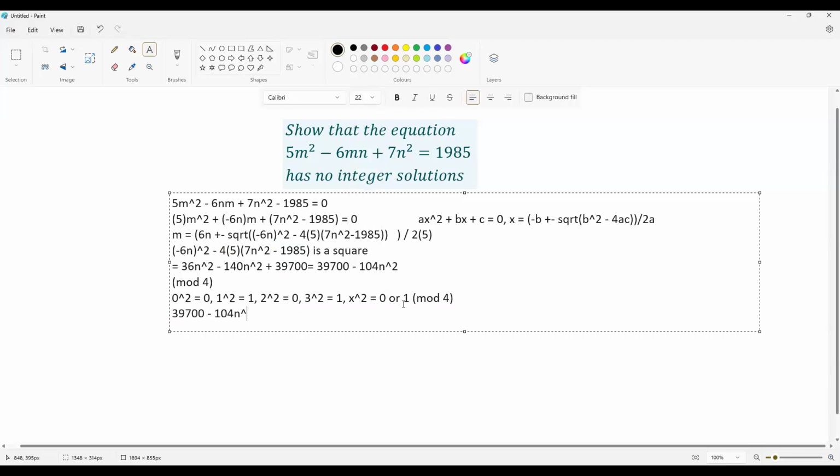39700 minus 104n squared is equal to 4 times 9925 minus 26n squared.